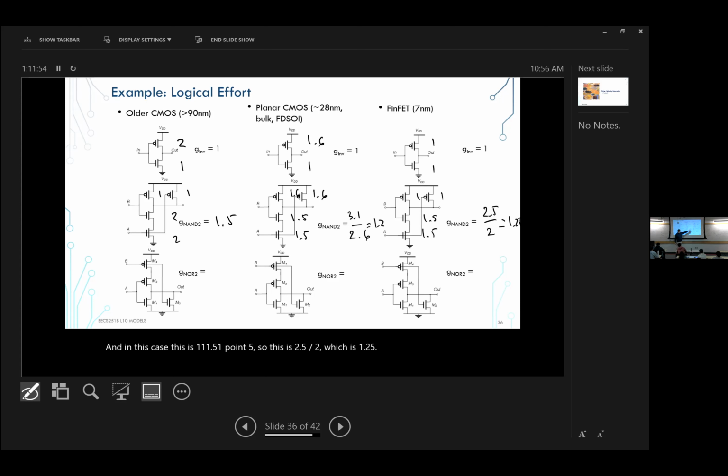What does this mean? Less. So 1.2 is similar to 1.25, but it is definitely less than the 1.5. What does a lower logical effort of stacked gates like NAND2s mean to you?